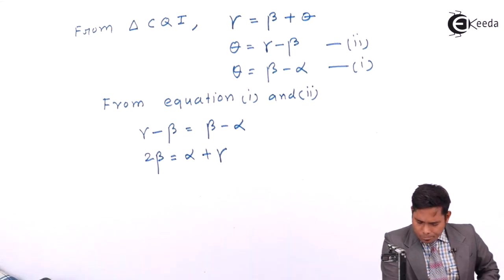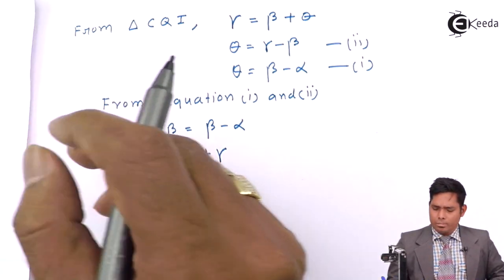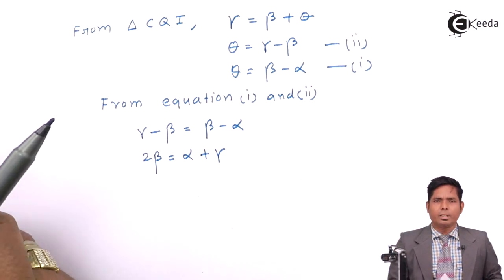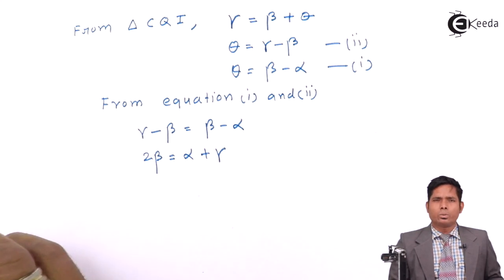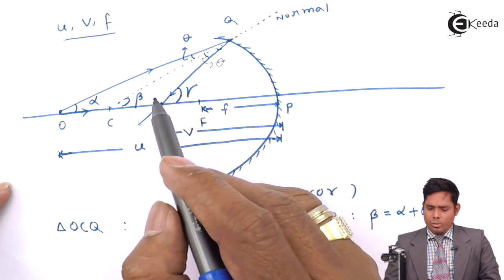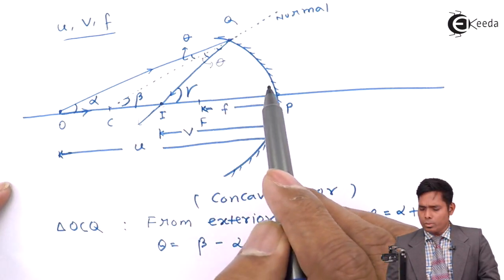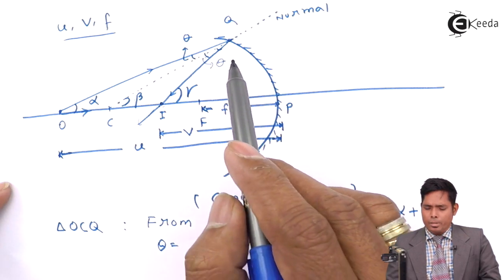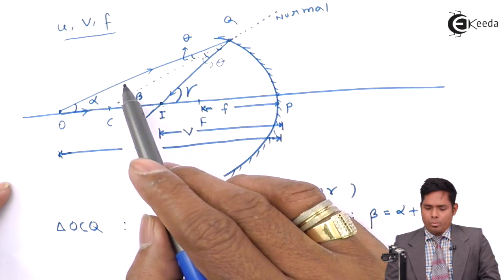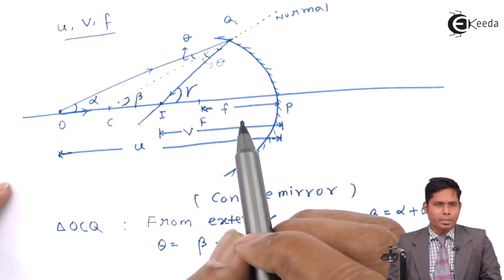Now because these are paraxial rays, the rays which are very near to the principal axis, they are actually striking very close to this part, but it has been magnified. Therefore the angles alpha, beta and gamma are very small.